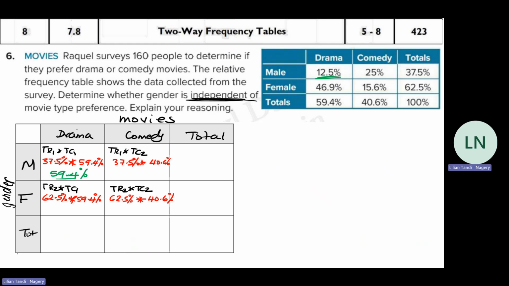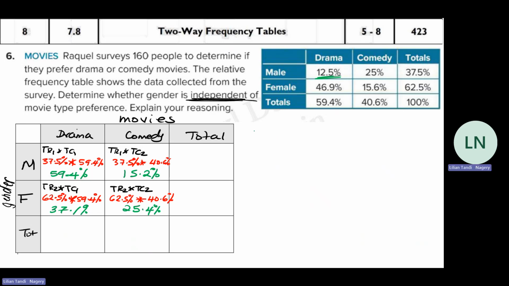I don't even have to continue. Okay? But let's just do it, because I want you to see something else. So this one will be 15.2%. And then this one will be 7.1%. And then this one will be 25.4%.